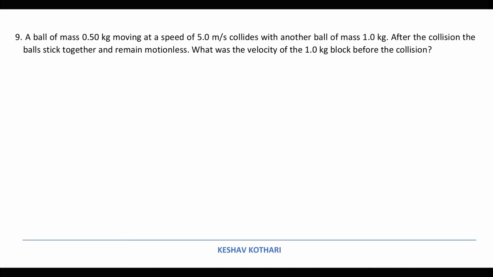So over here the collision which we are talking about is an example of a perfectly inelastic collision. In this particular problem we are considering a 1D collision in which a body of mass 0.5 kg moving with 5 meter per second is colliding with another block of mass 1 kg, which had an initial velocity, let us suppose v.